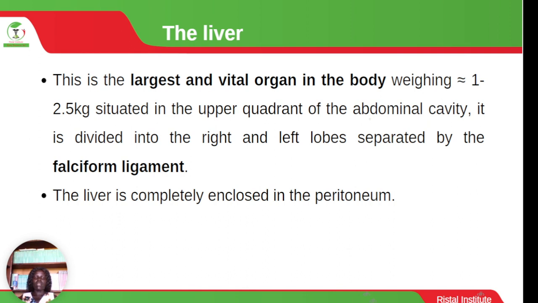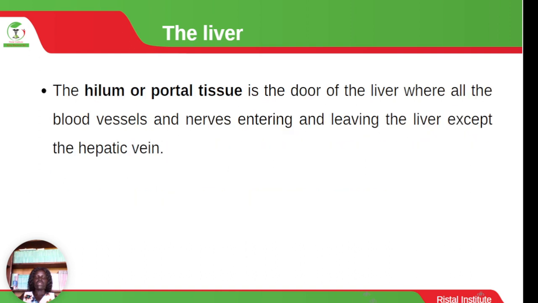The liver is completely enclosed in the peritoneum. The hilum or portal tissue is the door of the liver where all the blood vessels and nerves enter and leave the liver except the hepatic vein.